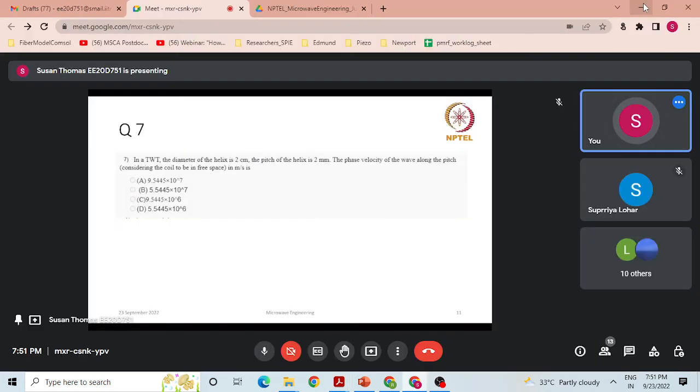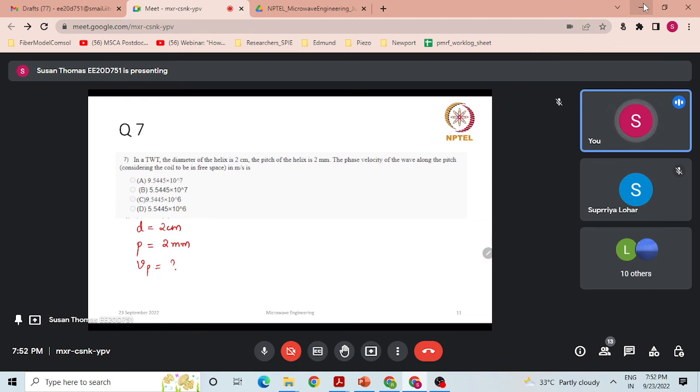So let us discuss the question. The diameter of the helix is given as 2 centimeters and the pitch of the helix is 2 millimeters. The question is to calculate the phase velocity along the pitch.